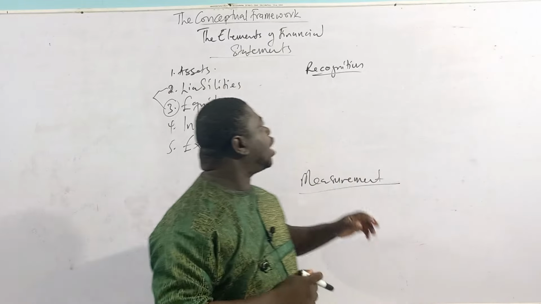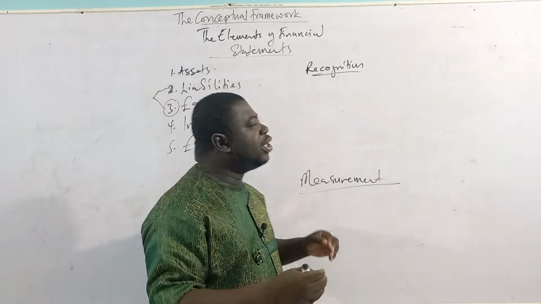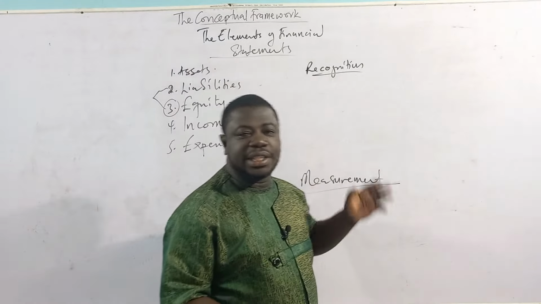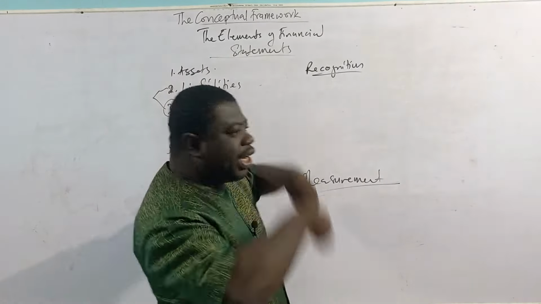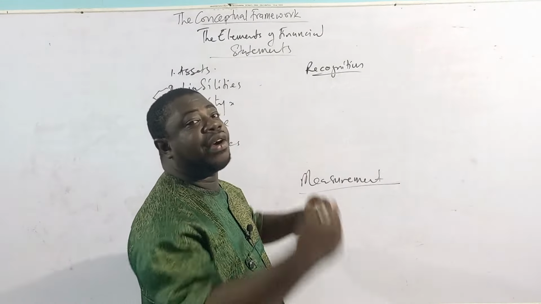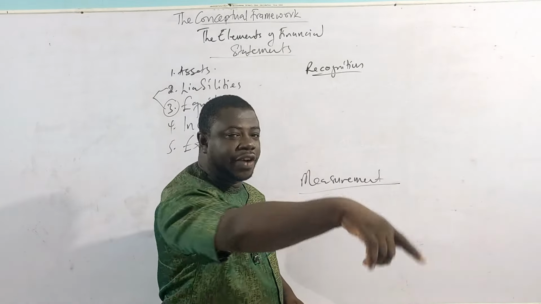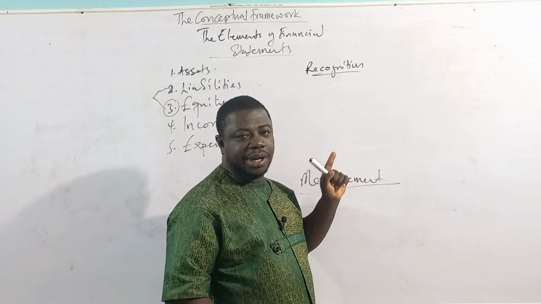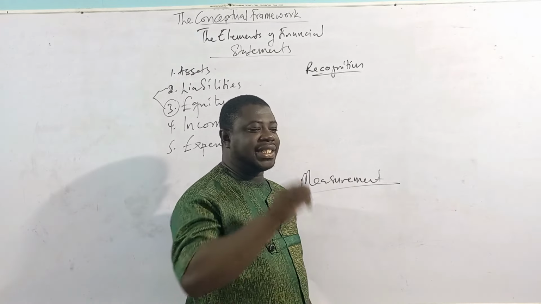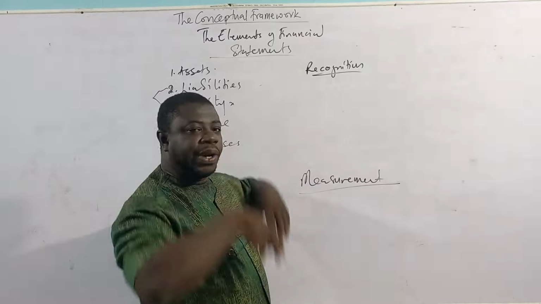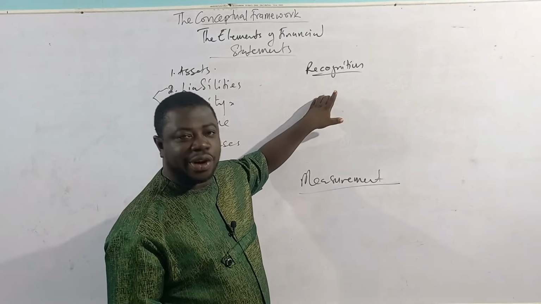Now, when we talk about recognition, recognition means you are incorporating the item of asset, liability, income, and expense, any of them, you are bringing it onto the financial statement, then we are saying you are recognizing it. Measurement means assigning monetary value to the asset or liability or income or expense. So you are assigning monetary value, you are measuring it, then you are incorporating it onto the financial statement, you are recognizing it.